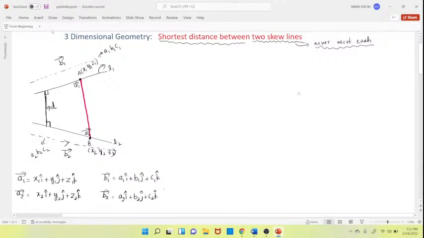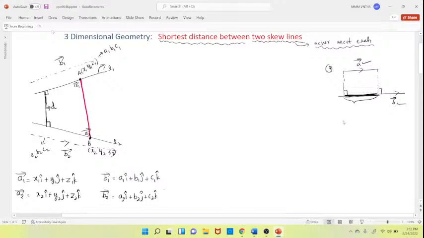Now, for your recapitulation, let us take that there is one vector A here and one more vector B here. If we draw the perpendicular like this, then this distance is the projection of A vector on B vector.